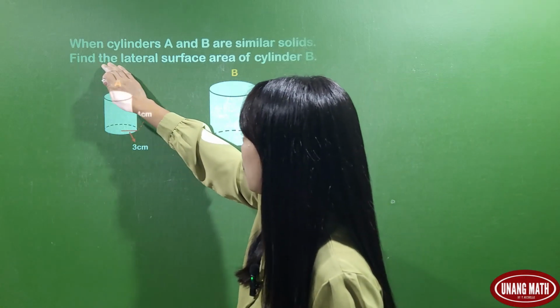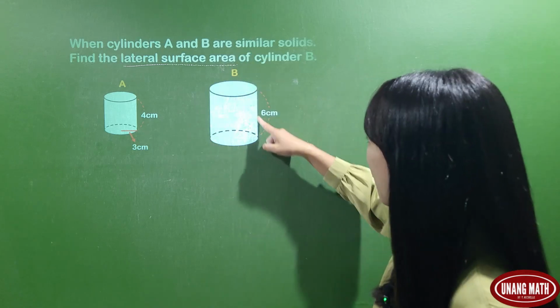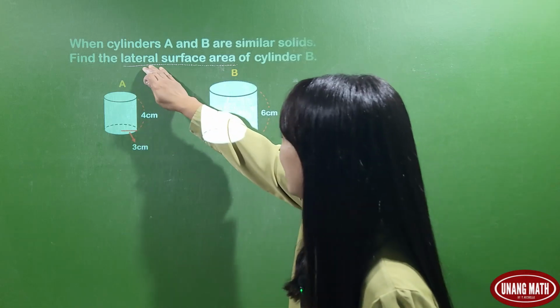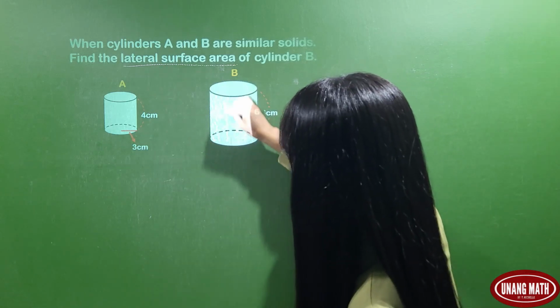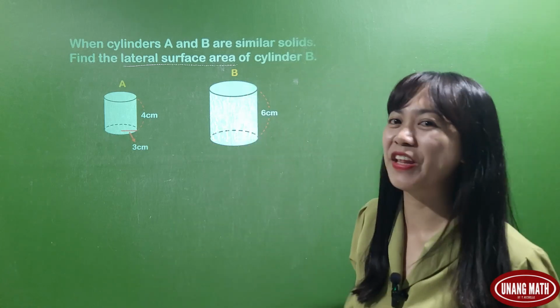The question is, what would be the area of the lateral face of cylinder B? When we say lateral face or lateral surface, this is the lateral surface of this cylinder B.